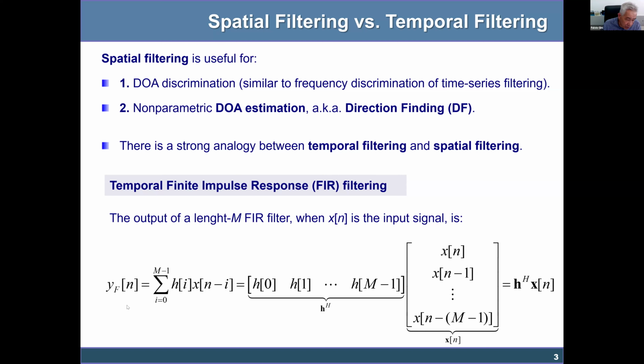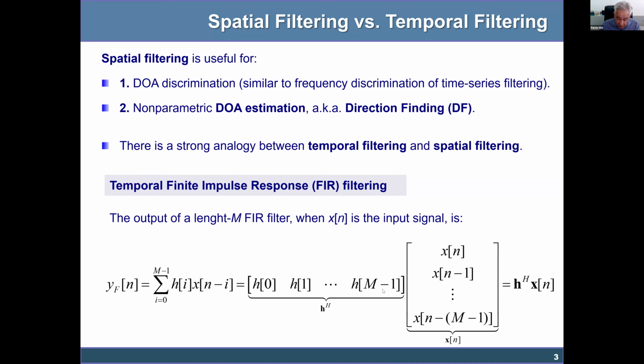Now, this linear convolution can be expressed in compact notation by using vector notation. So you define this row vector m-dimensional. Remember, m is the number of samples. So we call this H-Hermitian.